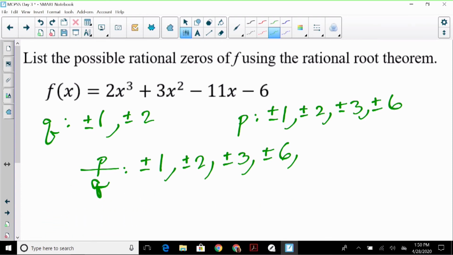All these values over 2, plus or minus 1/2, plus or minus, okay, 2 over 2 reduces to 1. 3 over 2, plus or minus 3/2. 6 over 2 reduces to 3. So these are all the possible rational zeros using the rational root theorem.